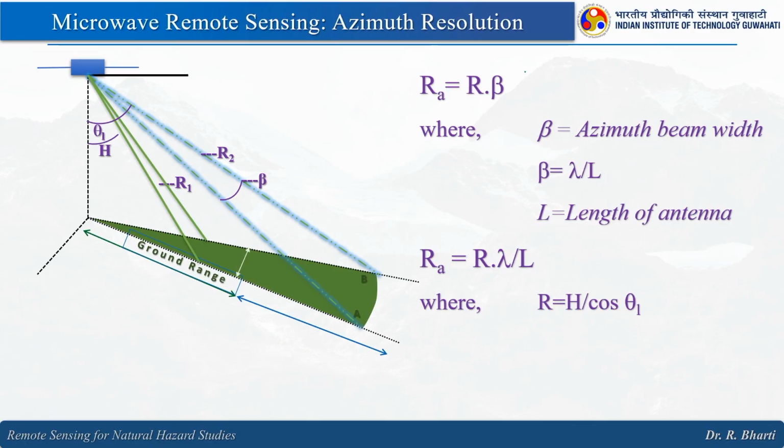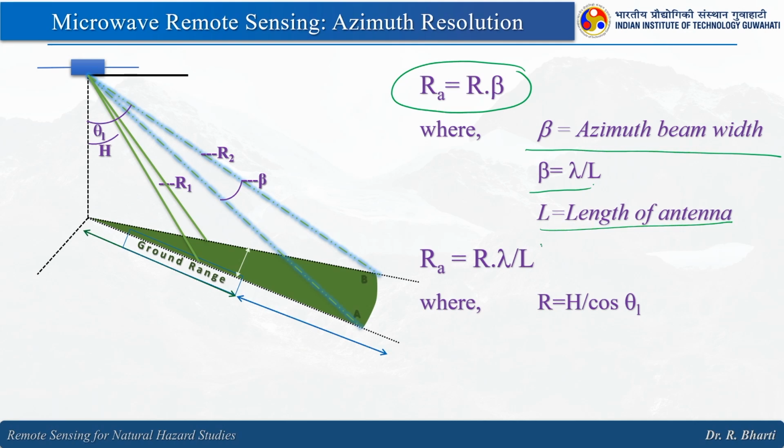Here you can see that RA is equal to R into beta, where beta is the azimuth beam width, and beta is basically wavelength divided by L, where L is the length of the antenna.